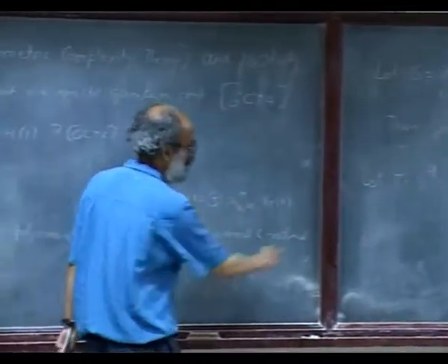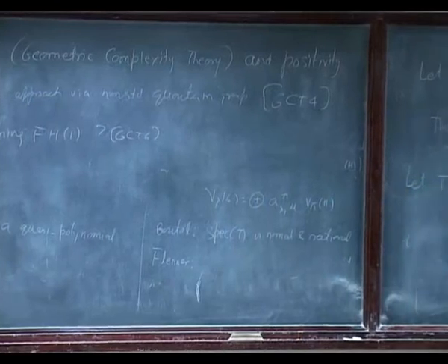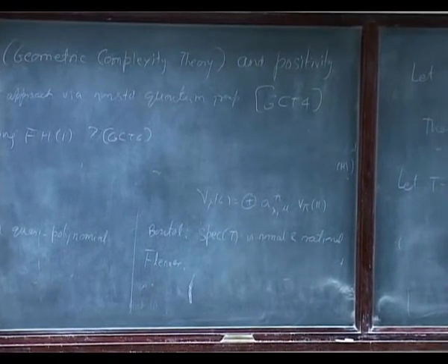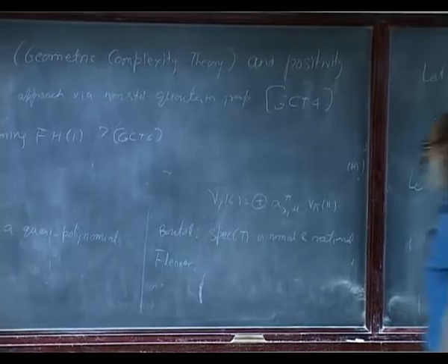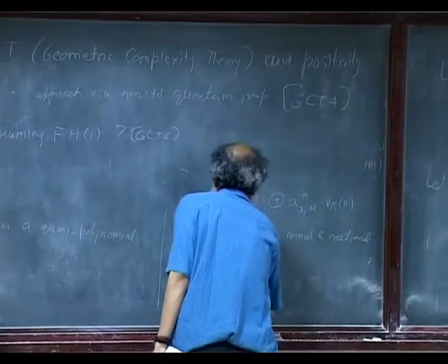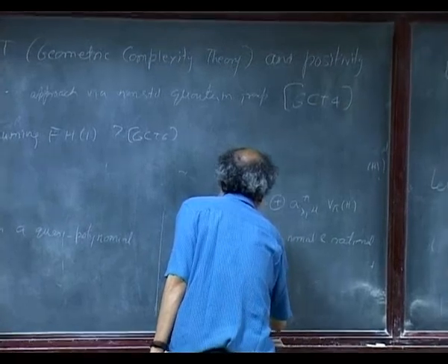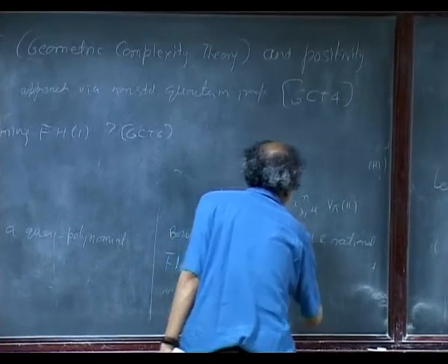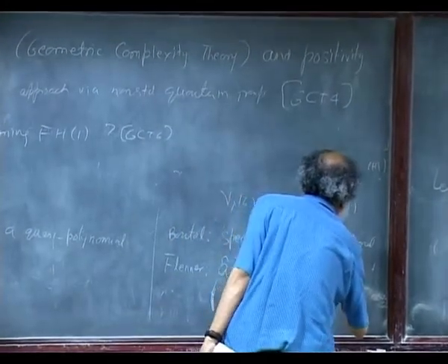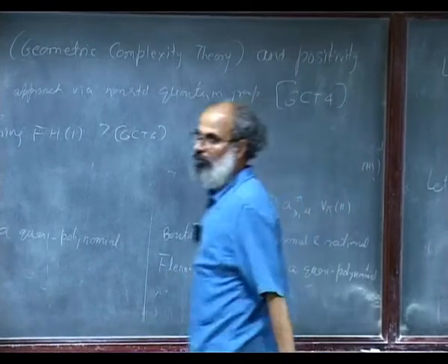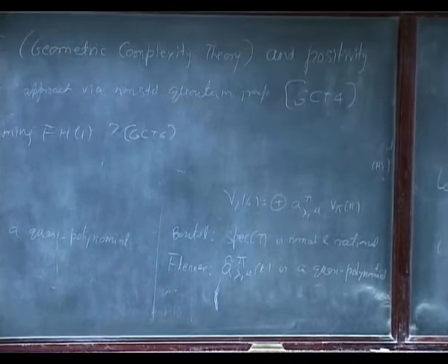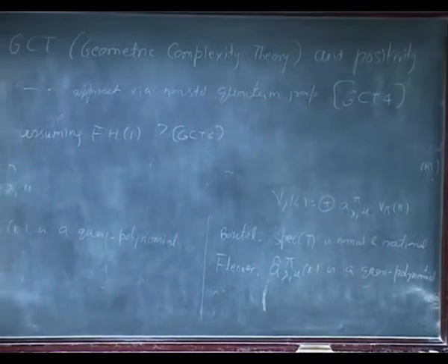So, by Flenner it follows that since the Hilbert function of this is just this, this is actually a quasi polynomial, not just an asymptotic quasi polynomial.